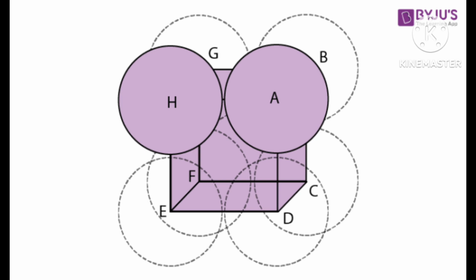The volume of the cubic unit cell is equal to a cube. a cube is equal to 2R power 3, means 8R cube. 8R cube is the volume of the cubic unit cell, means 1 cube. Since a simple cubic unit cell contains only one atom.